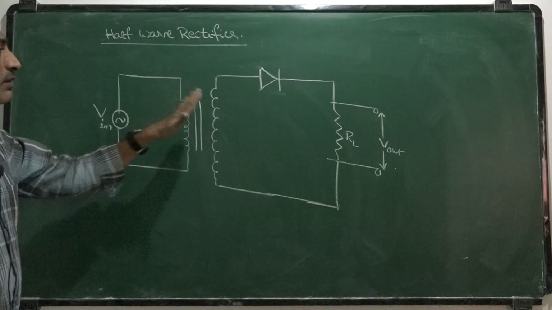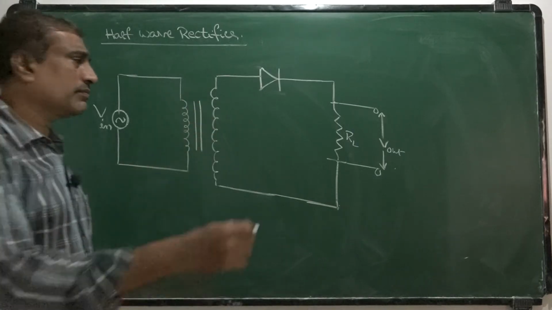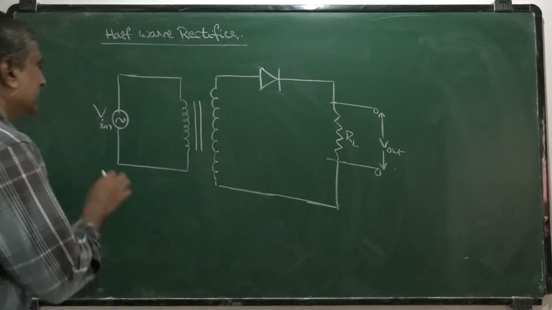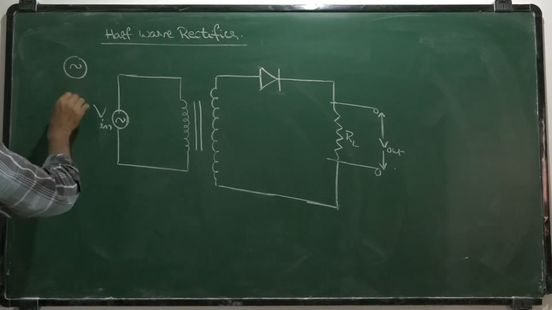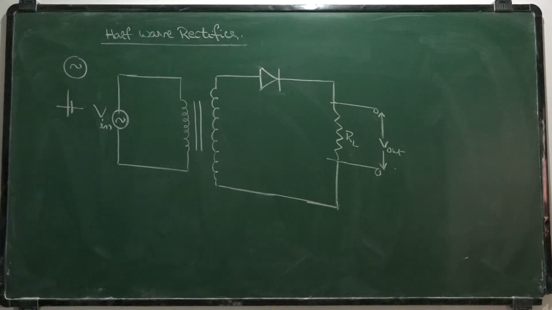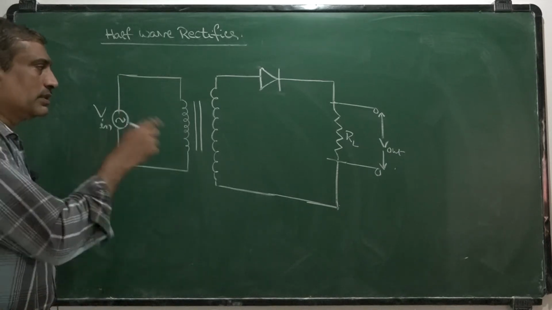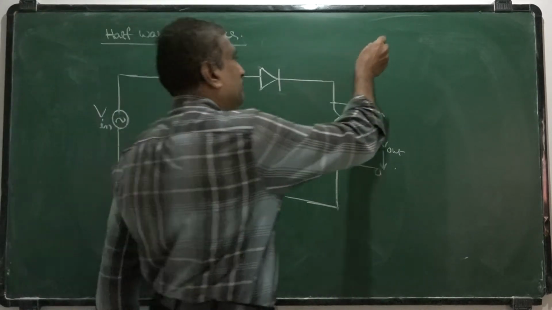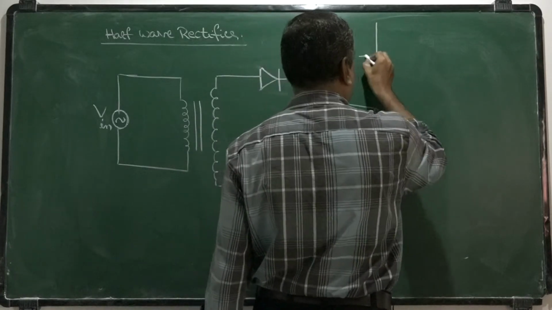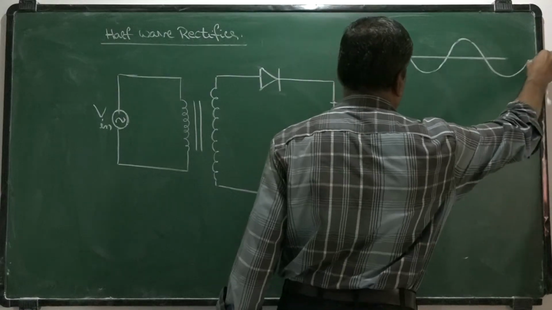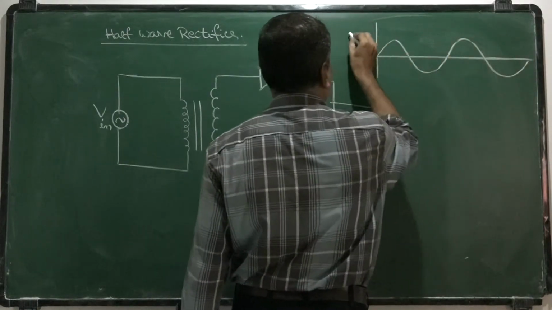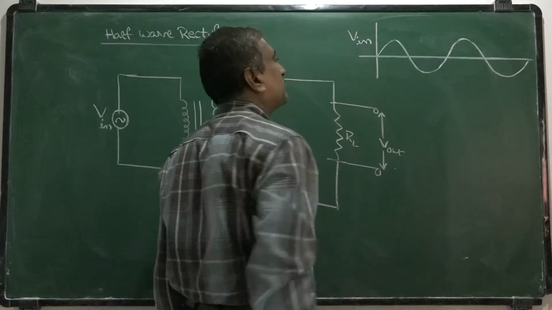Now how does this PN junction diode work? As you know, this is the symbol of alternating current and this is the symbol of direct current. This input voltage, alternating current, gives alternating voltages like this. This is Vin.